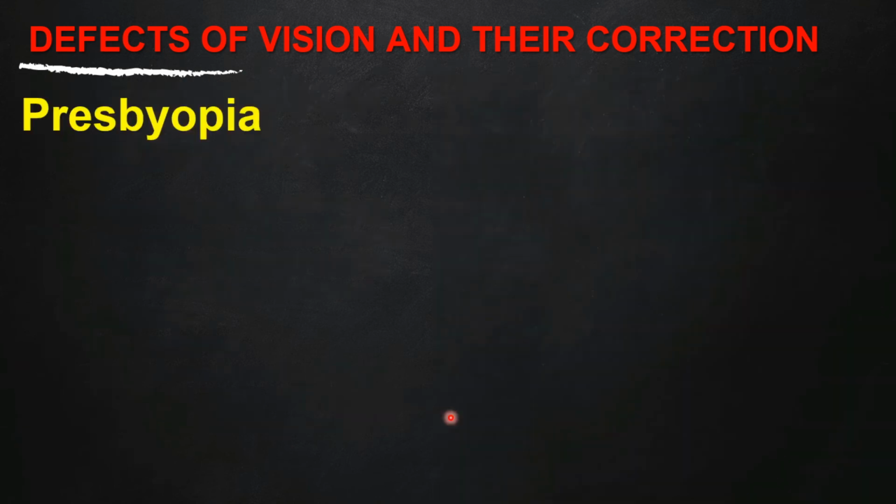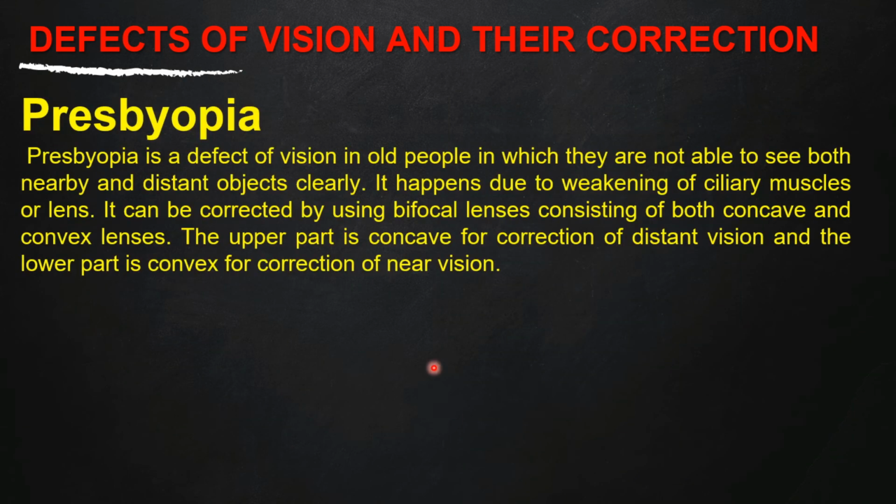Next defect is presbyopia. It is a defect in old people in which they are not able to see both nearby and the distant object clearly. It happens due to weakening of ciliary muscles or lens. It can be corrected by using bifocal lenses consisting of both concave and convex lens.